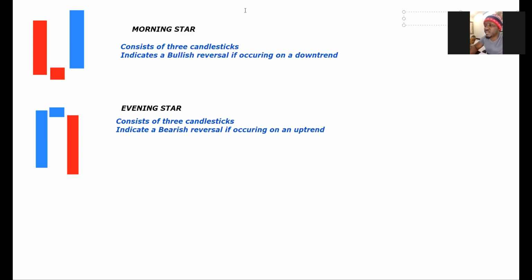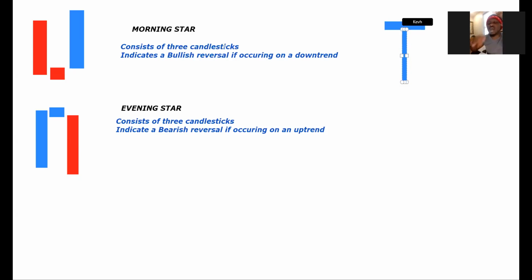You are going to have something like this. Let me just use the right colors so that people are not confused. Don't want to confuse nobody. You combine those three, this is what you get.